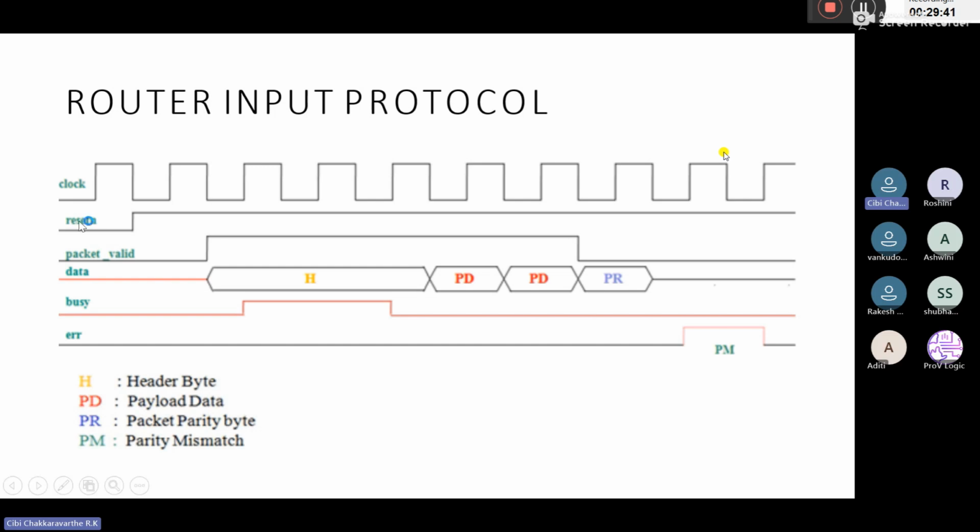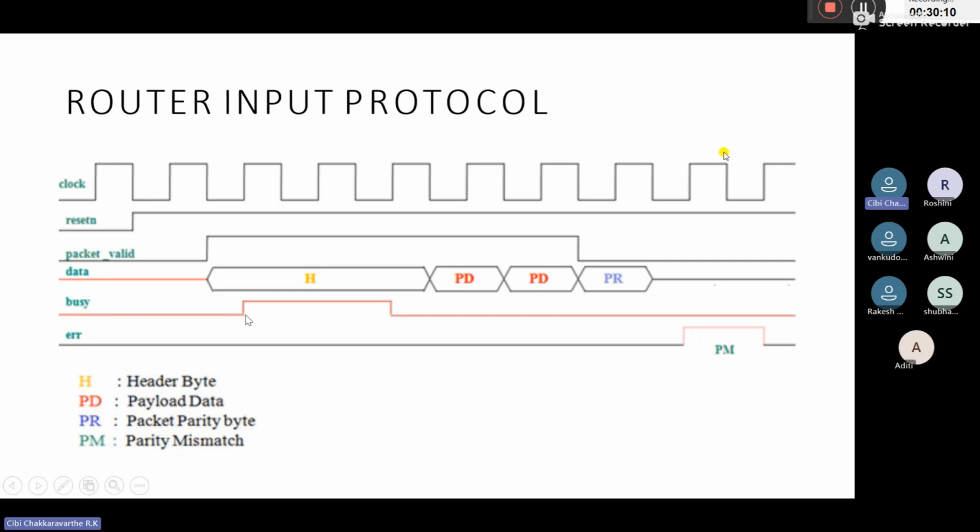As I told in the pin diagram we discussed, this packet valid should be high first. Since packet valid is high, we are passing our data, first one is the header. Someone has to know the use of the busy signal. Since our destination is throwing a busy signal, it indicates, I am in busy state.